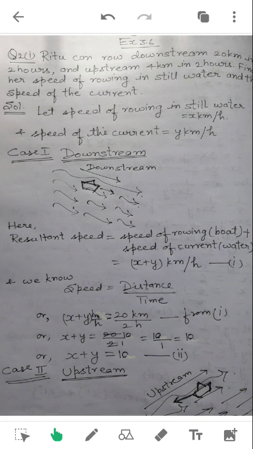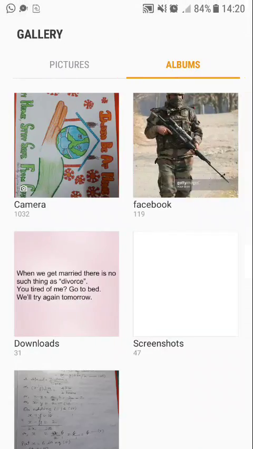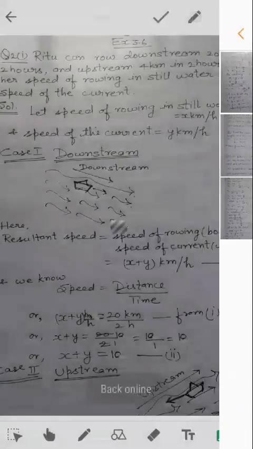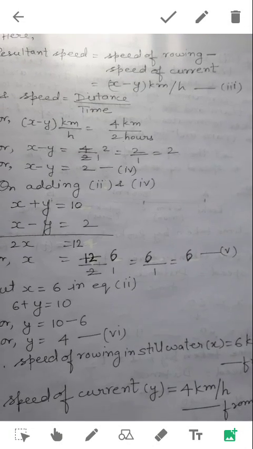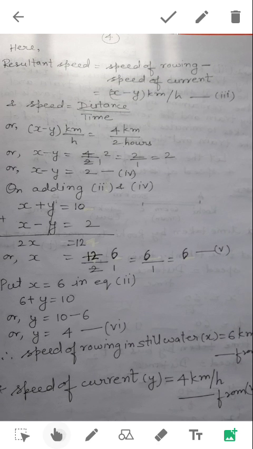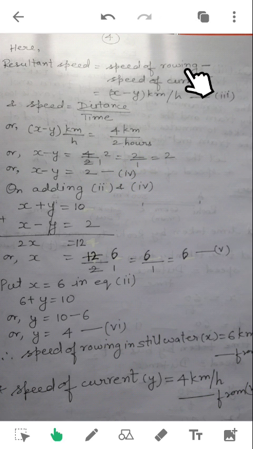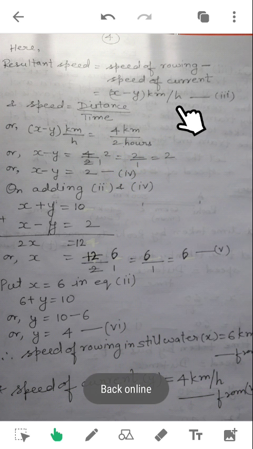Now, in case of upstream, the resultant speed will be decreased. So the resultant speed is speed of rowing minus speed of current. This is x minus y km per hour. Say this one as third equation. And we know that speed is equal to distance by time.